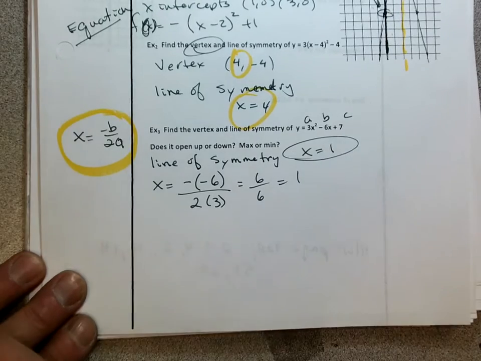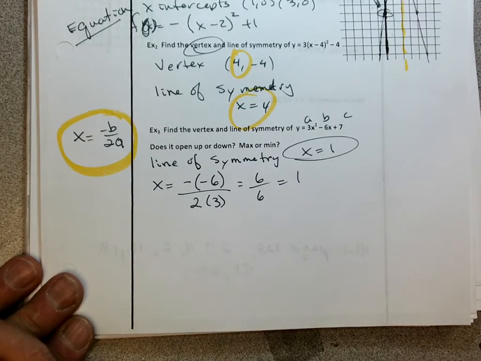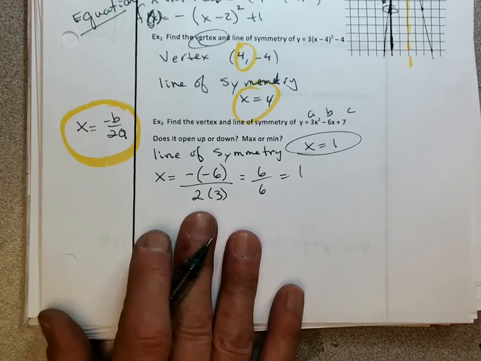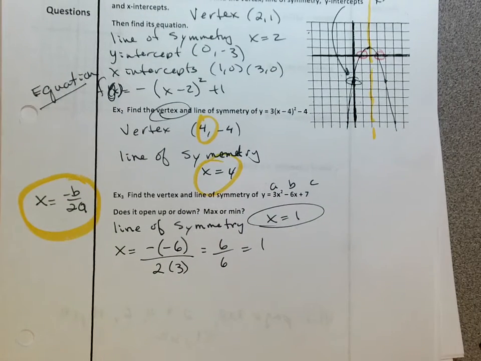Okay, good, got that. Well, what about the vertex? The vertex is a point. It goes through the line of symmetry. So here's what we know. x is 1. We just need its other half. We need a point, right? The vertex point.